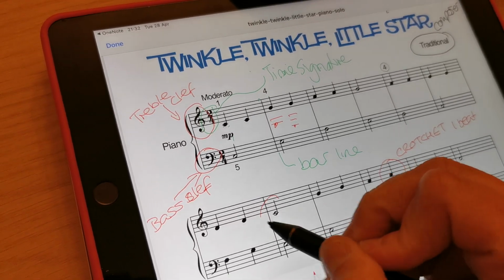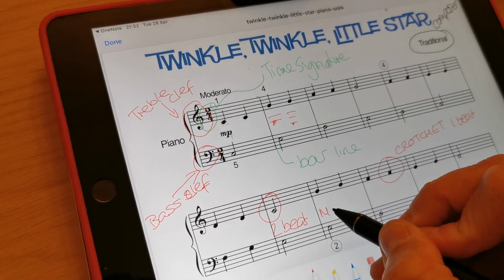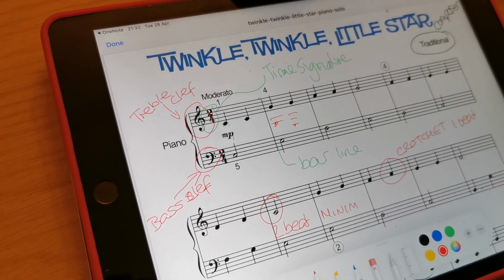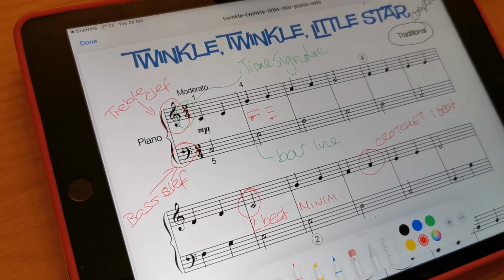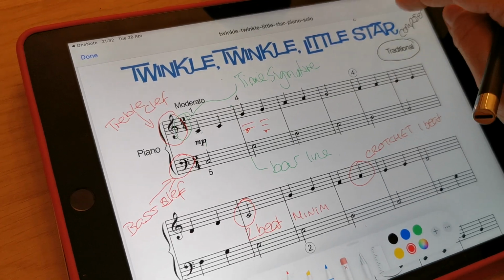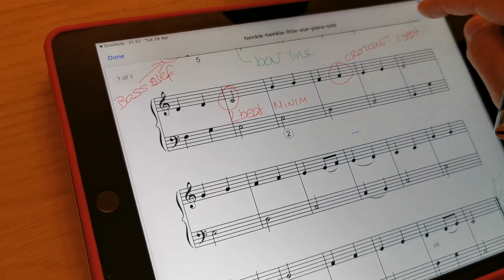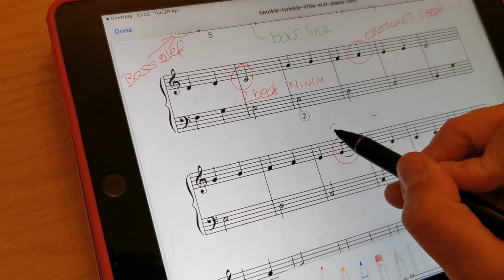Something else I might ask you to find might be a 2-beat note. Its musical word is minim. We call them milk, milk, milk, milk, okay? Another thing I might ask you to find might be coffee. Now, these are quavers.